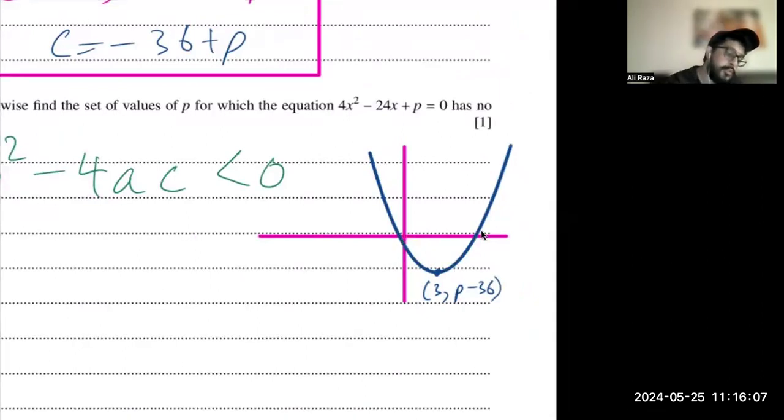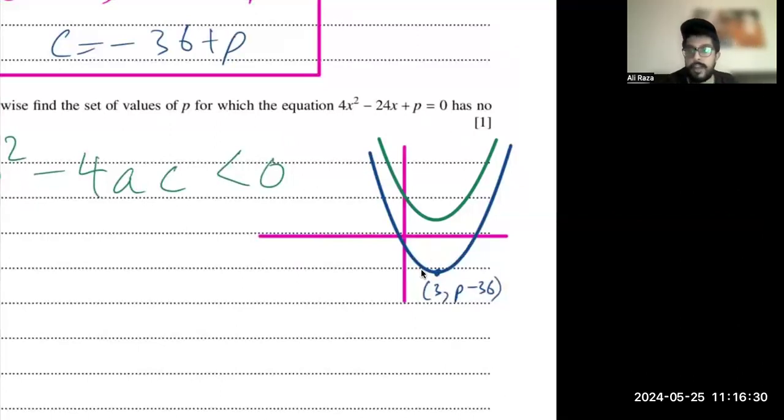However, if it moves above the x-axis, which is y is equal to 0 over here, it would look something like this. So there are no solutions with the x-axis over here.